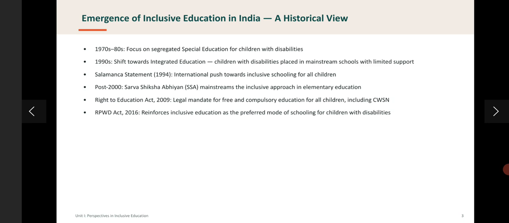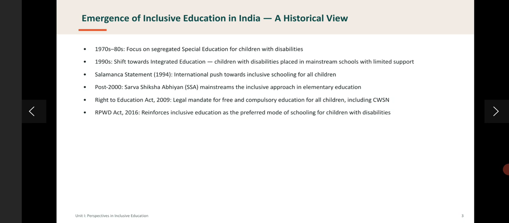So in 1950 itself, free education at the primary level, that is 6 to 14, was achieved. After that it goes on till now. The last act is 2009, that is the Right to Education Act.